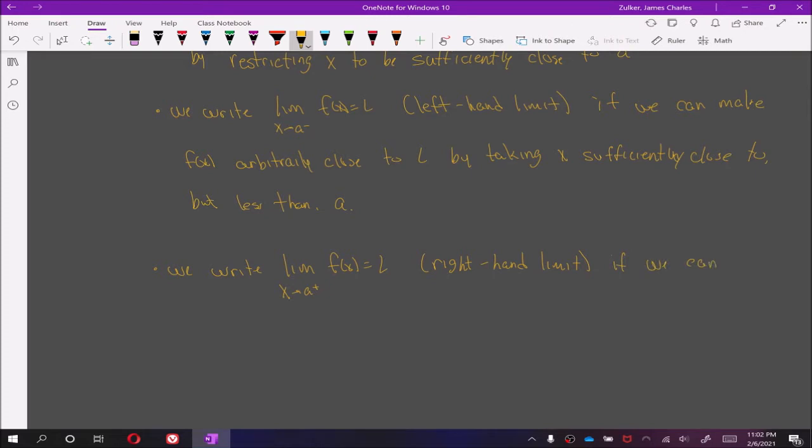If we can make f of x arbitrarily close to L by taking x sufficiently close to, but greater than A.